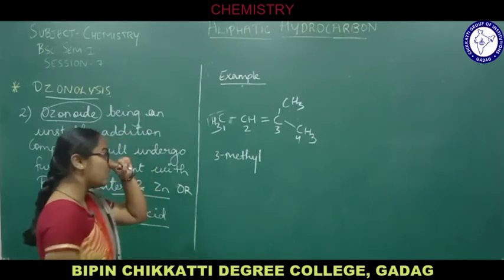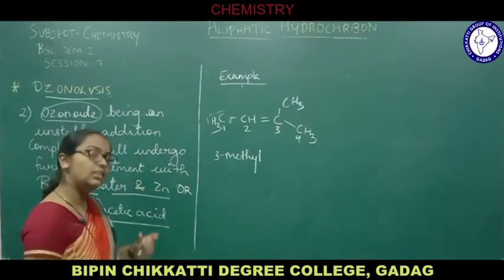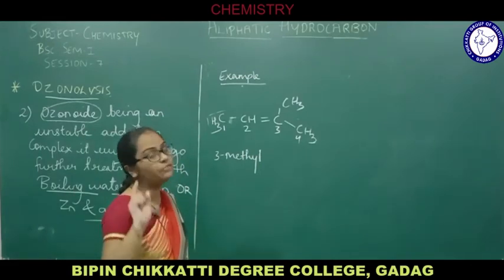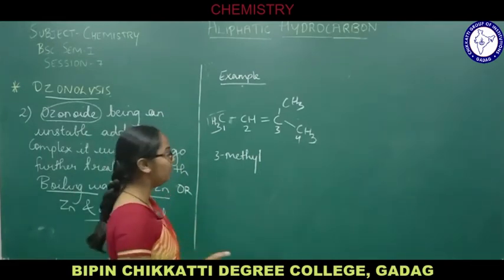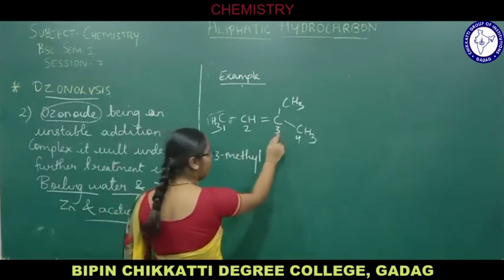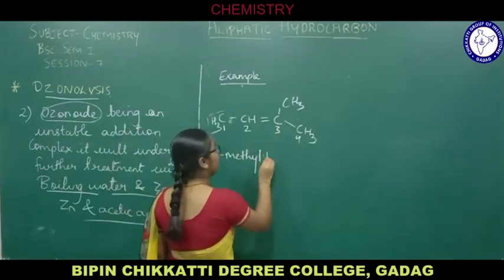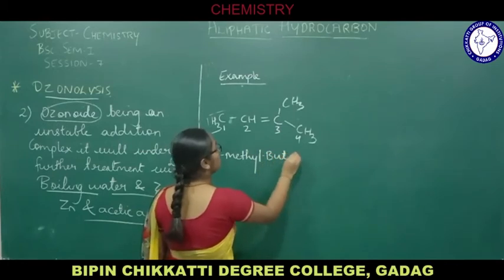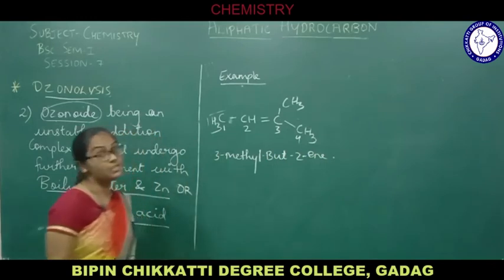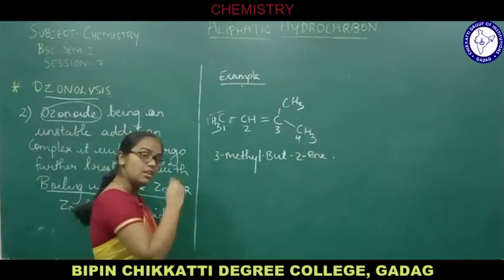That means what is the name of this olefin? Exactly, butene. But butene means the position of the double bond is also very necessary. The double bond is situated between carbon number 2 and carbon number 3, so its name will be 3-methylbut-2-ene. Okay, so this becomes the nomenclature for this given compound.